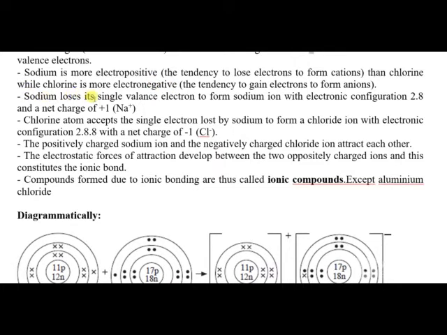So sodium loses its single valence electron to form a sodium ion with electron configuration 2, 8 and a positive charge. This is what we call a positively charged ion. The chlorine atom accepts the single electron lost by sodium to form a chloride ion with electron configuration 2, 8, 8, and it becomes negatively charged.